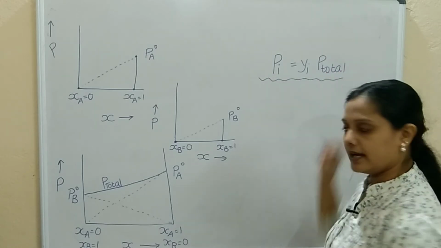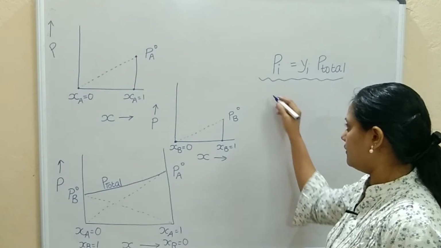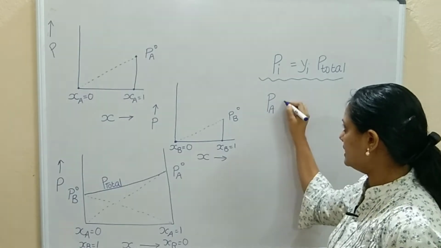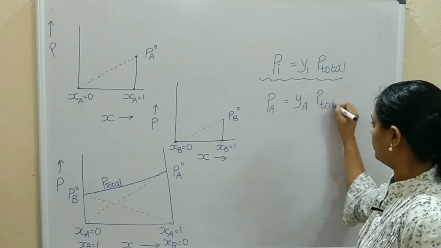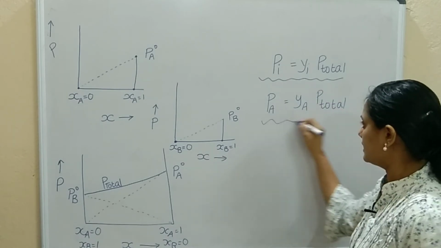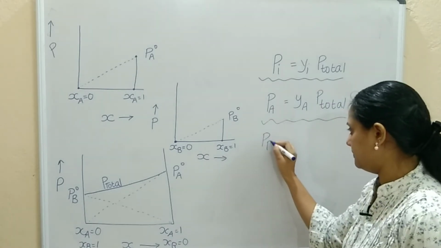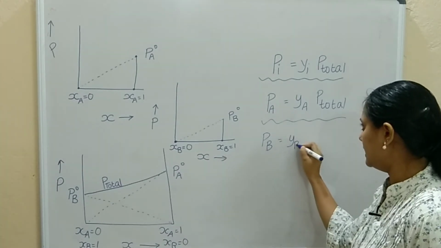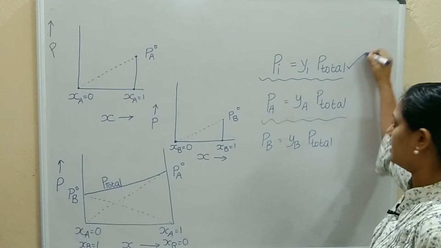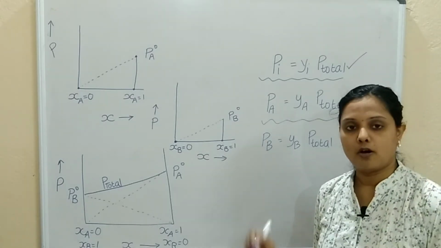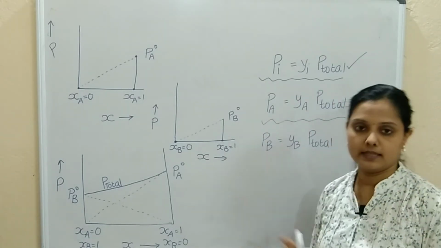This I have written in general. If you want to write for a component, then for the second component it will be PB equal to YB P total. Dalton's law of partial pressure can also be written in this way.